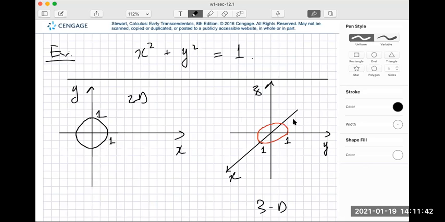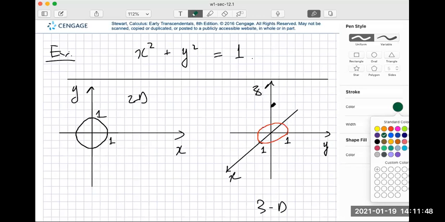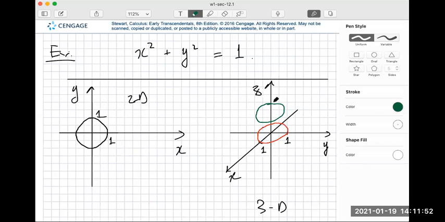So how about a similar circle on top of the red one, but the center here, suppose it is at 3.